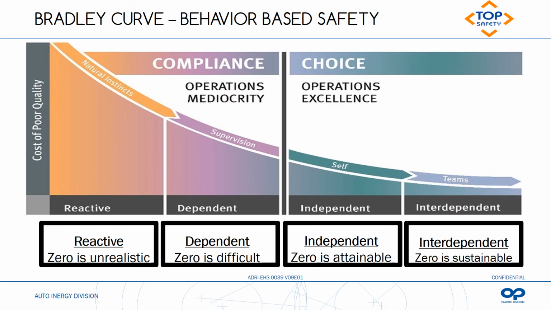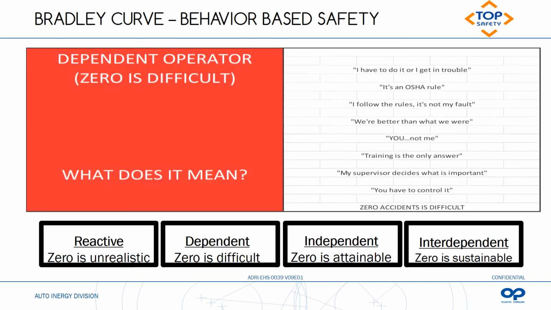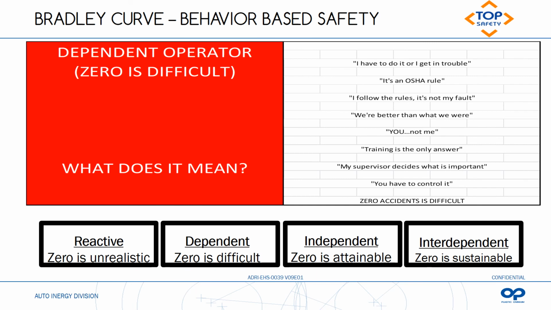Now we will be looking at dependent. A dependent operator, 0, is difficult. What does this mean? This means I have to do it or I get in trouble. It's an OSHA rule. I follow the rules, it's not my fault. We're better than what we were.